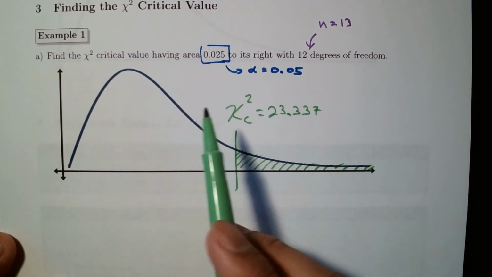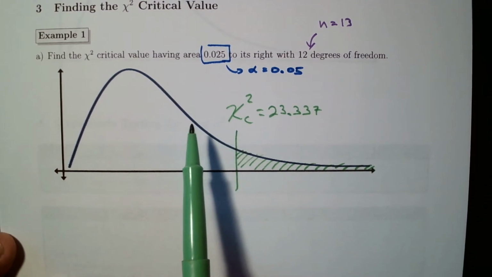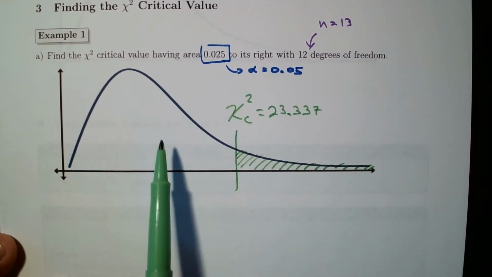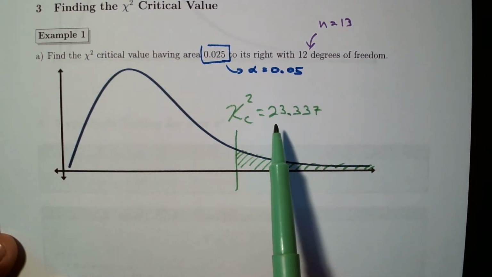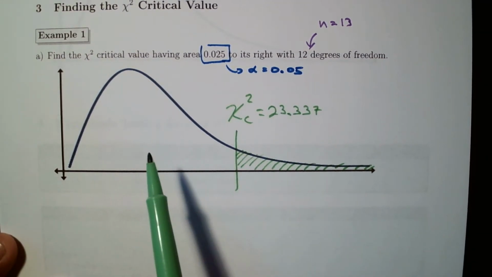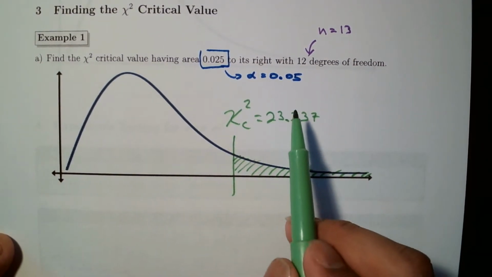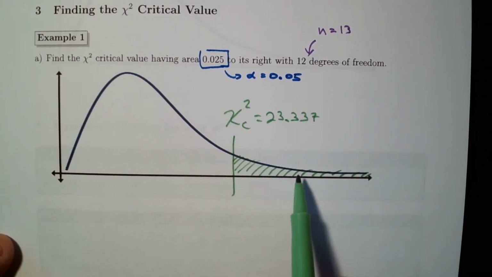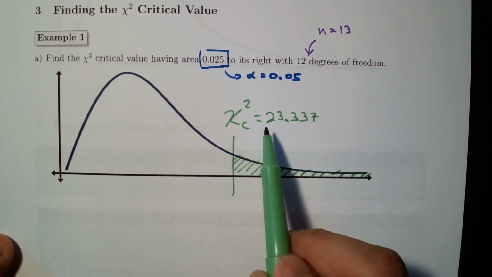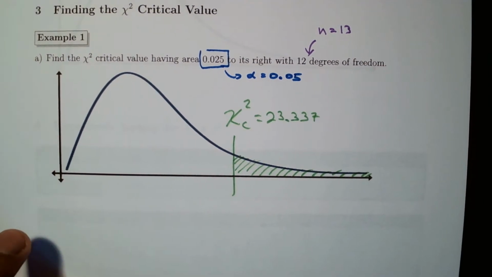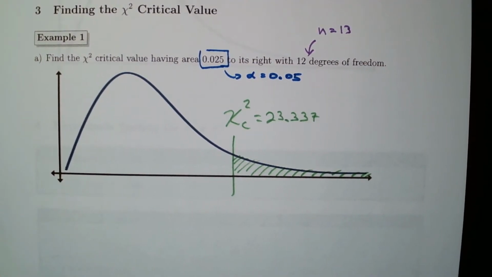So that means when we conduct a hypothesis test, if our statistic value falls in the unshaded region, that is a number less than 23.337, we fail to reject the null hypothesis. And if our statistic value falls in the shaded region, that is, bigger than 23.337, then we reject the null hypothesis because we would have enough statistical evidence to support our claim.